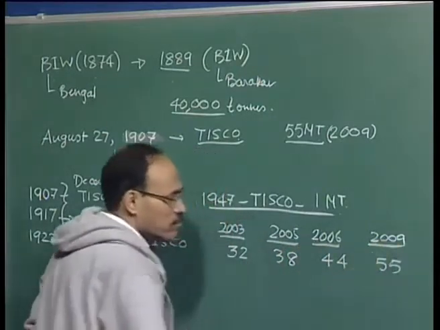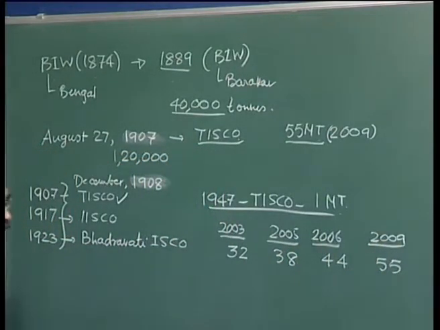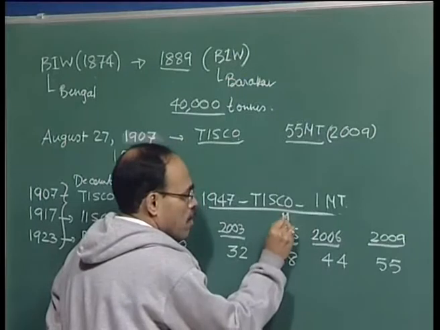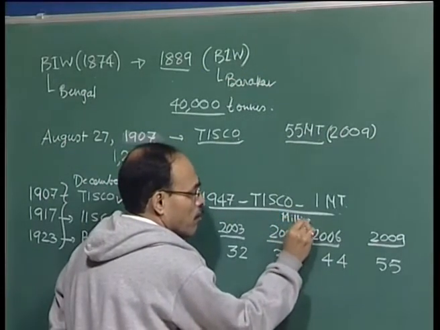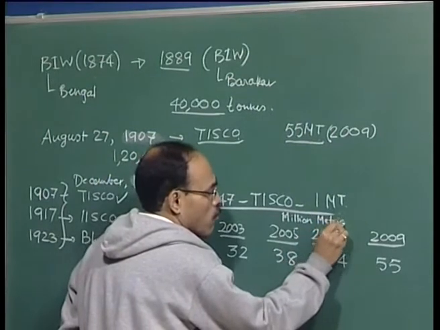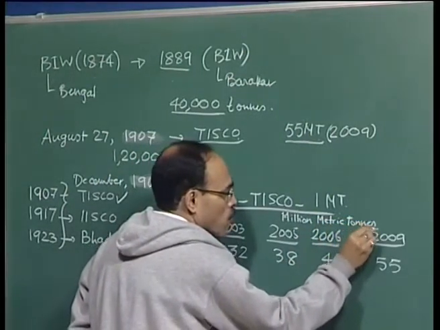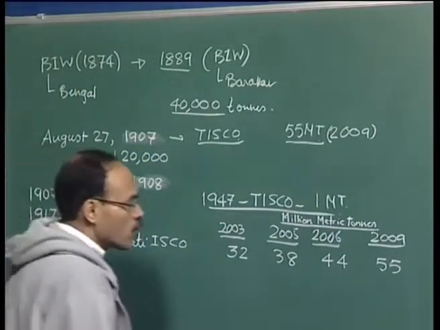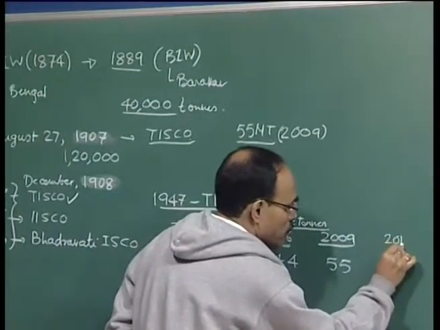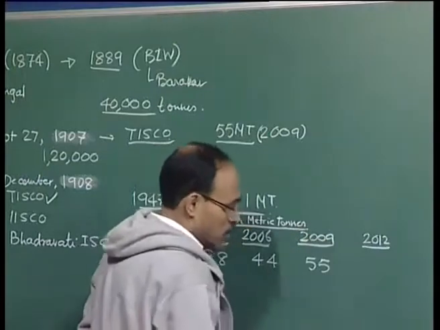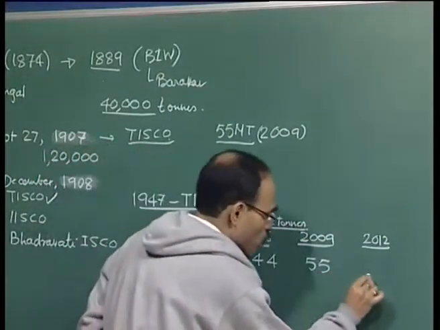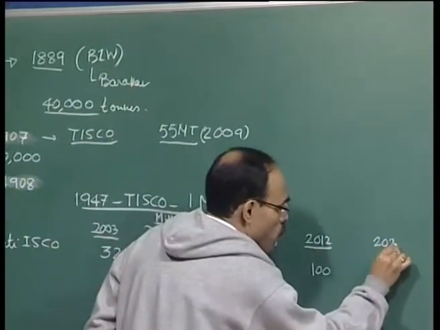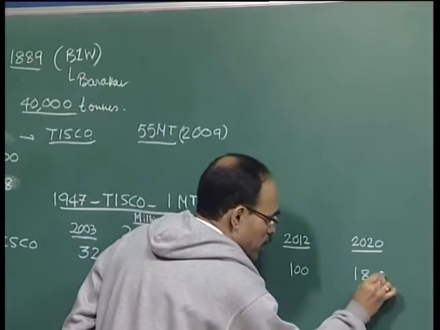Steadily we are growing. Now, the projection says that by 2012, this is the Ministry of Steel's projection, we are going to produce around 100 million tons of steel or 110 million tons, and by 2020, we are talking about 180 million tons of steel.